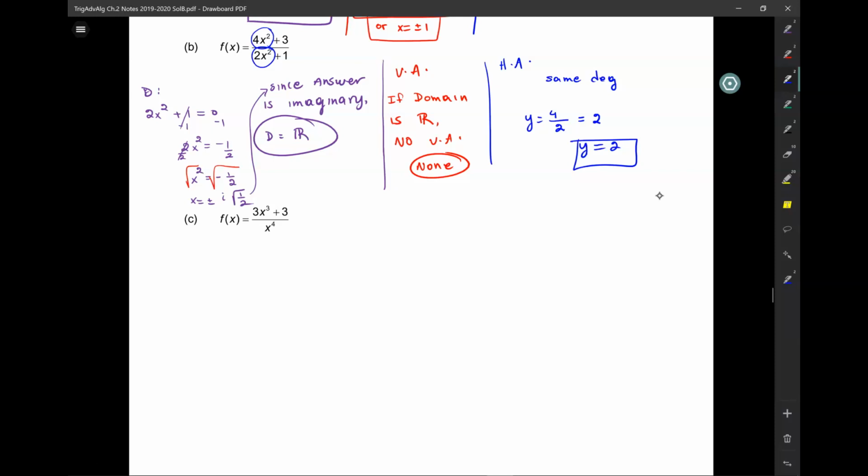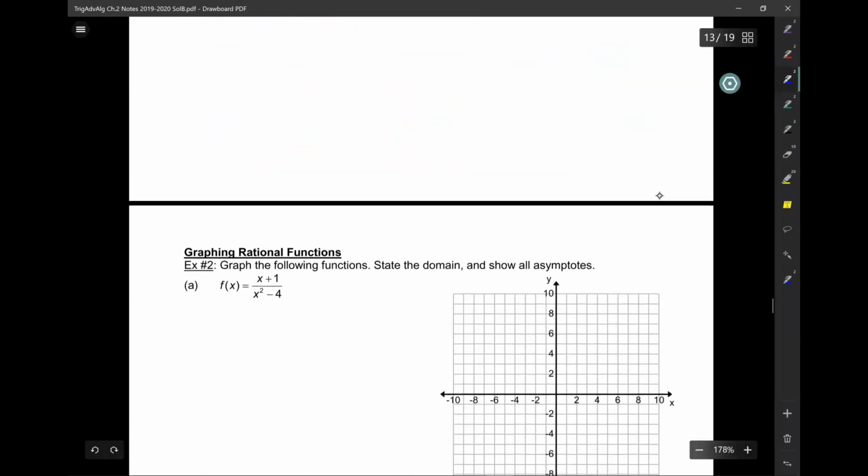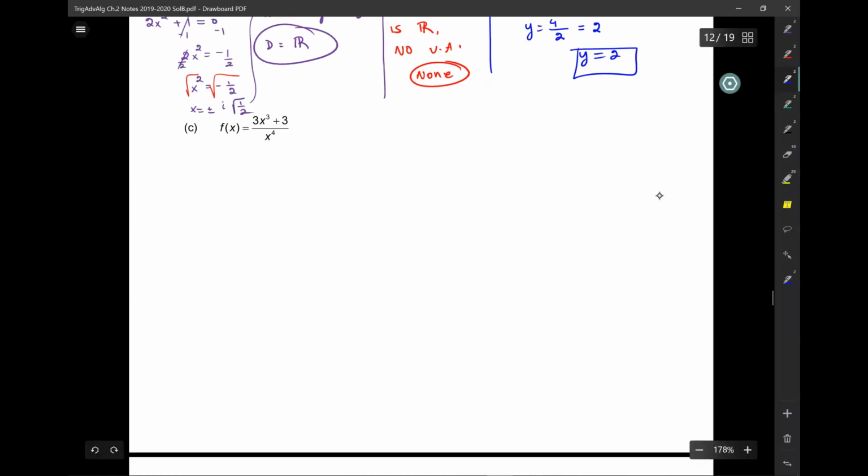Okay. 3x cubed plus 3 over x to the 4. All right. So, domain. We're going to set x to the 4 equal to 0. So if it's x to the 4 equal to 0, there are no other numbers.